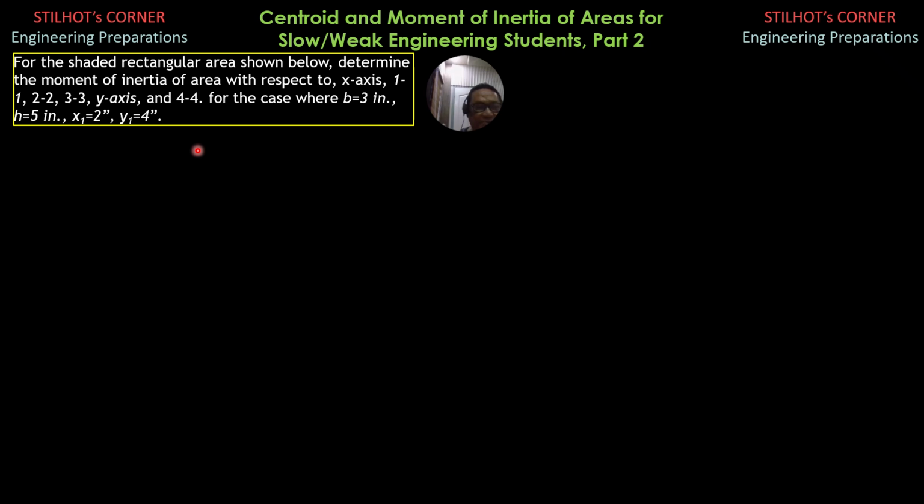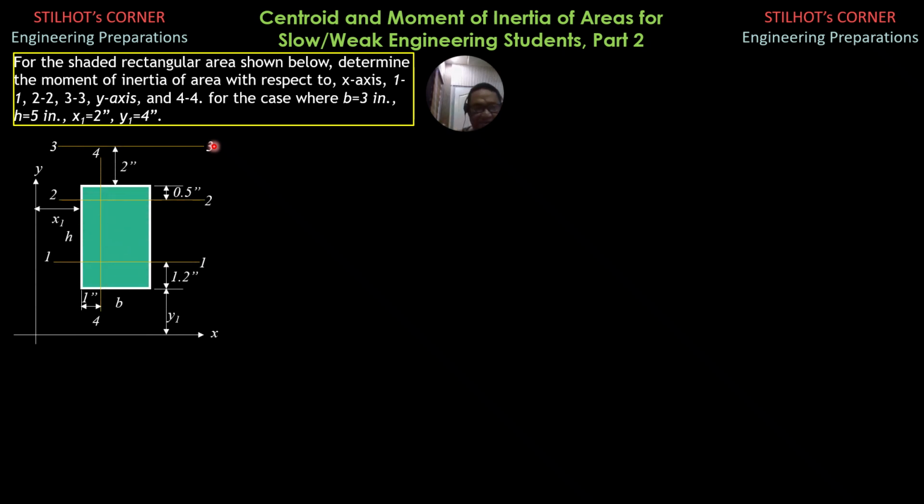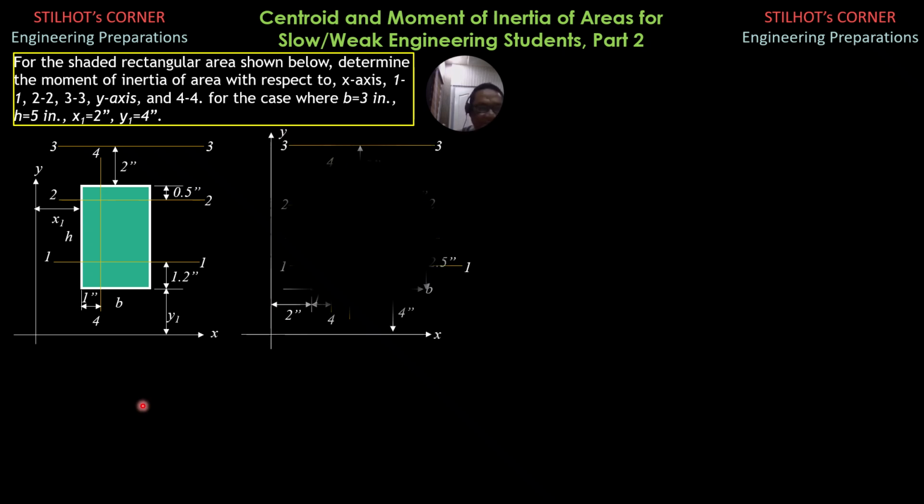For the case where the base is 3 inches, the height is 5 inches, x sub 1 is 2 inches, and y1 is 4 inches as shown in the figure. So since x1 is 2 inches and y1 is 4 inches, let's label these values so that we can analyze the figure easily.